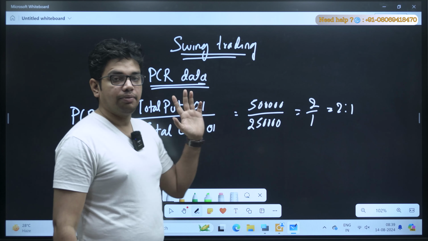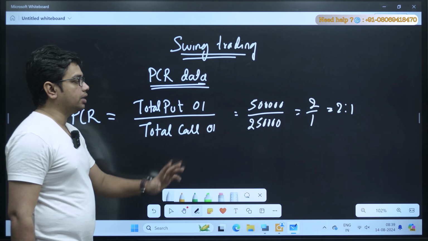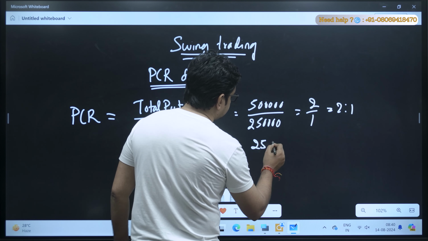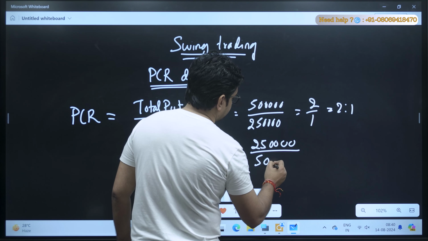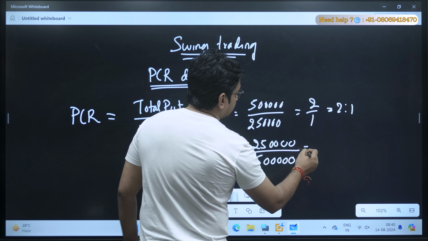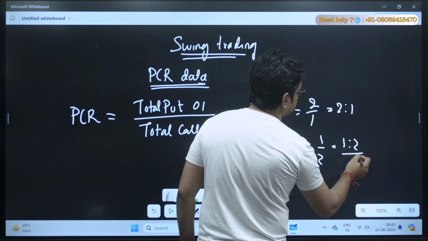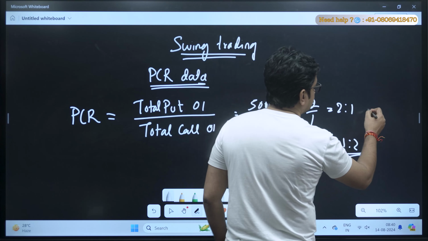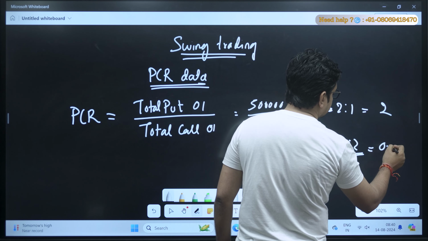Similarly, if I reciprocate it, let us just say here it is 2,50,000 and downside it is 5 lakh, then the ratio will be 1:2. So, if I convert it into decimal or absolute number, it will come as 0.5.